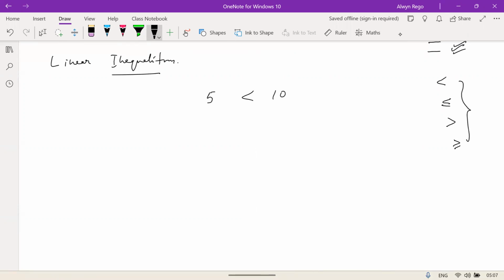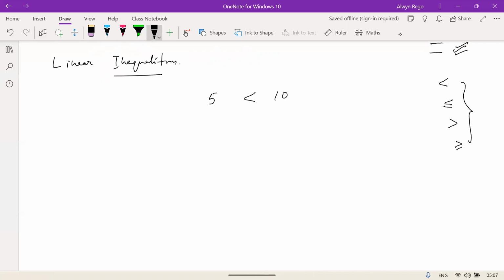Supposing I add a positive number, let's say I add 2 on both sides. So 5 plus 2 and 10 plus 2, you'll find that this is still smaller than 10 plus 2, which tells you that if I add a positive number on either side of the inequality, the inequality is not disturbed.